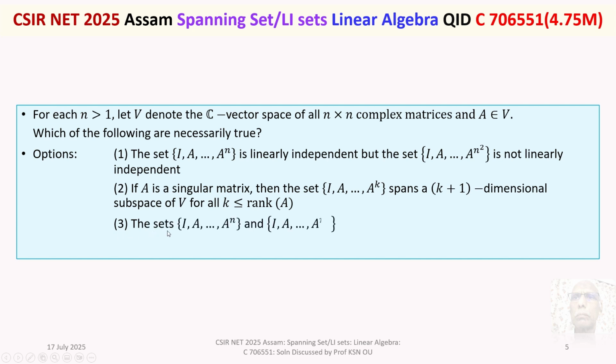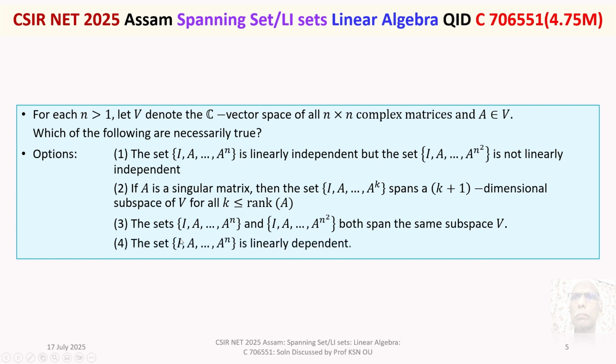Option 3, the set consisting of I, A, etc., A power n and the set consisting of I, A, etc., A power n square both span the same subspace of V. Option 4, the set consisting of I, A, etc., A power n is linearly dependent.